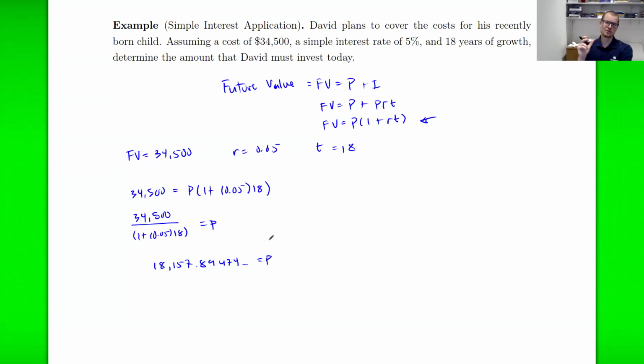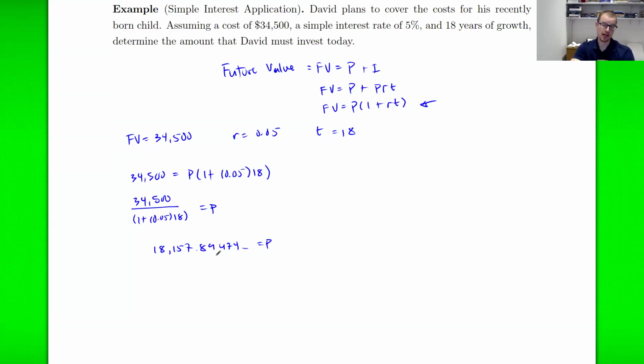But when it comes to later material where we're going to be compounding things, what we'll find is that by rounding down, we actually might be a bit off on our values. So rounding up will ensure that we get the desired amount. Do whatever you think is best. For the most part, read directions carefully to see if it's specified in the problem as to what we need to do.